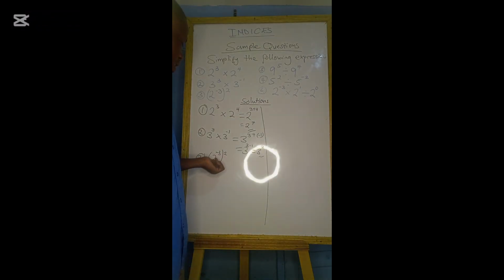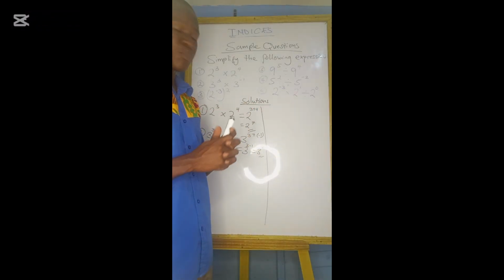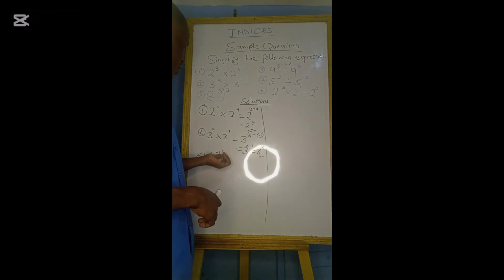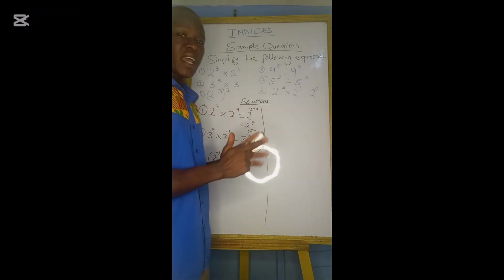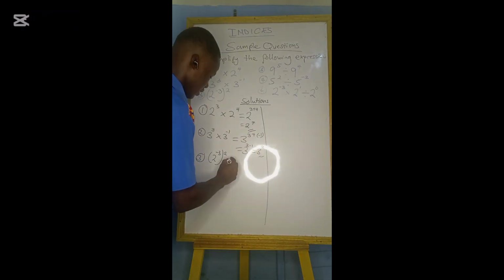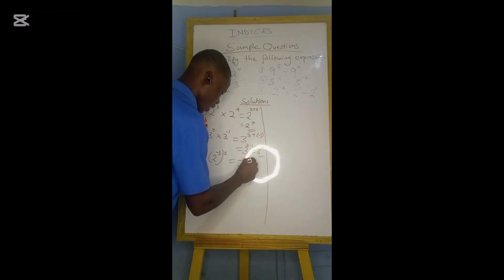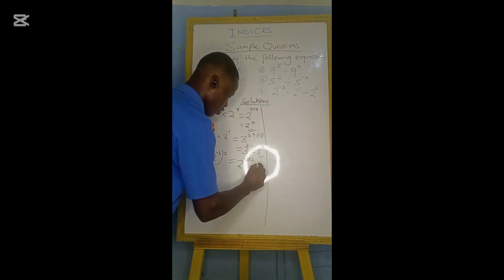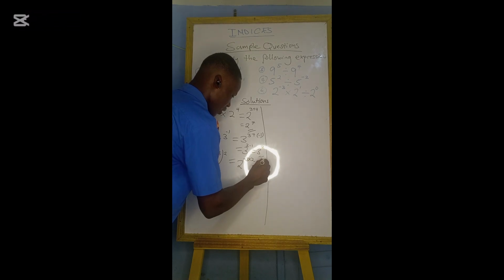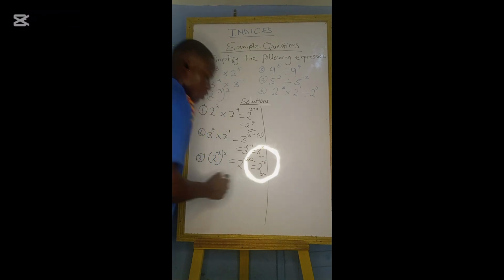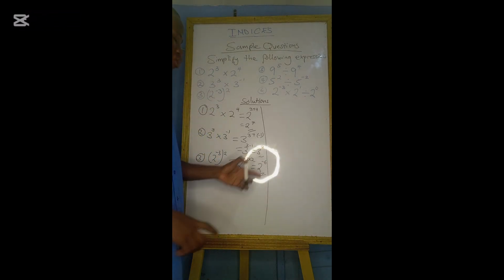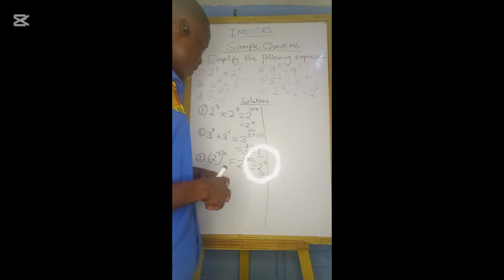So we have the base raised to 2 different exponents. So what we need to do, the simplification is just to multiply the 2 exponents together, and that is 2 raised to the power -3 times 2. And that will give us 2 raised to the power -6. Okay? The result is multiplying the 2 exponents together.